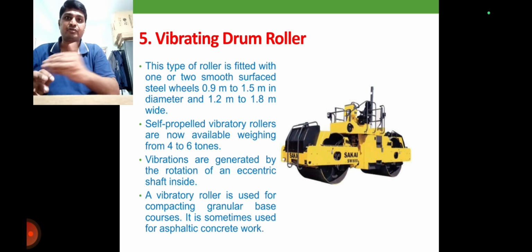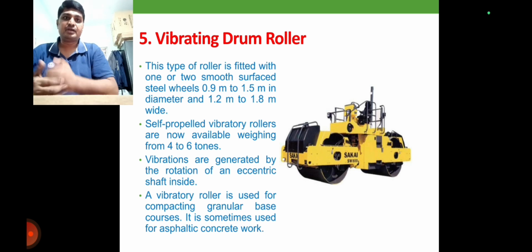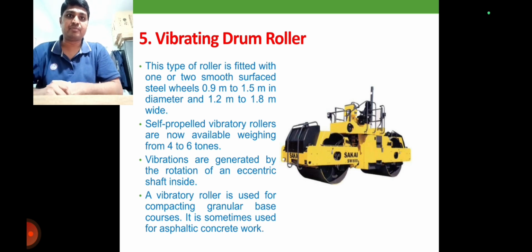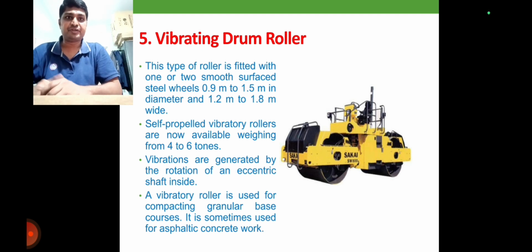Coming in the backward direction over the same path, no vibrating action is applied, because the vibrating action takes place in only one direction; in the backward direction it simply compacts the soil. It is sometimes used for asphaltic concrete works also, and is most suitable for sandy soil and gravel soil, wherever vibrating is needed. These are the vibrating drum rollers.